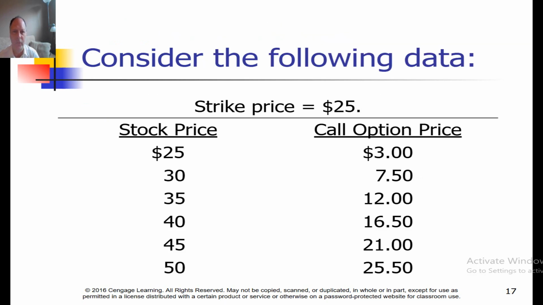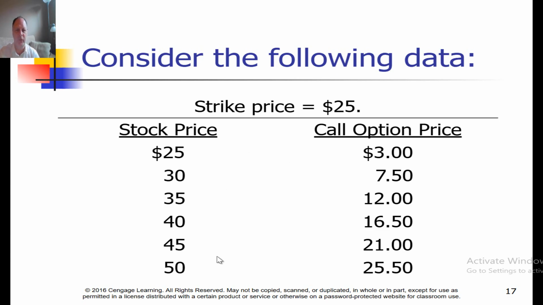We will now look at an example of a call option. Consider the following data. The strike price is $25. So if the stock price is also $25, then the intrinsic value is 0, but our option still has a value of $3. That would be all time value.